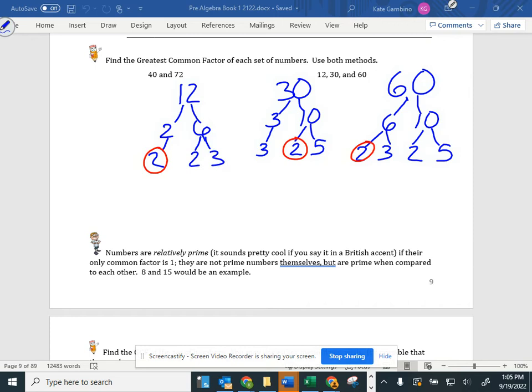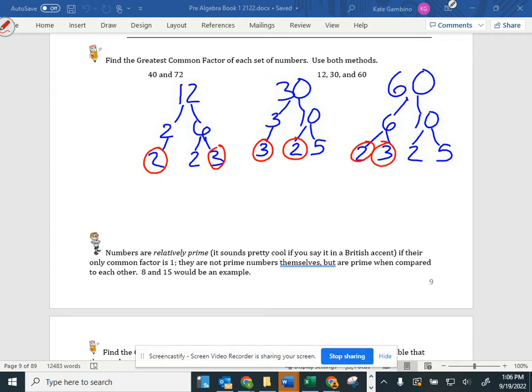You can only circle one 2 in each group, because one of them only has one. Right, because the 30 only has one 2 listed. So I can only circle one 2 under each of them. Is there a 3 under each? Yes.